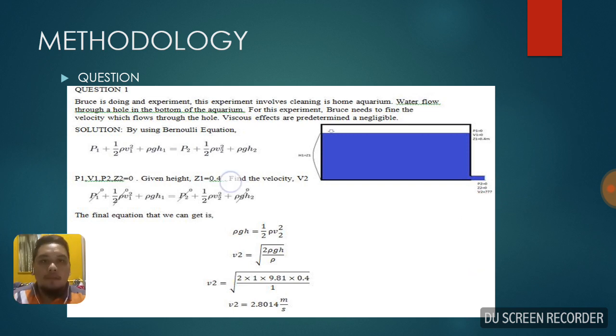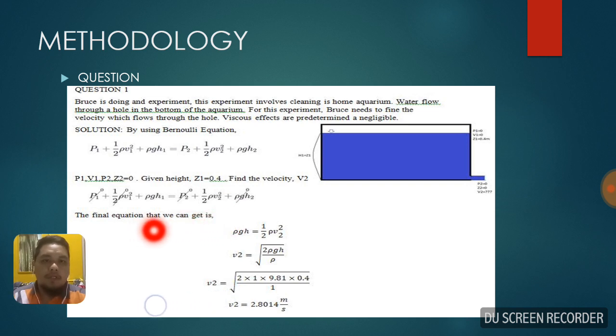So here you have the Bernoulli equation, and the solution. From this solution, P1, V1, P2, Z2 are equal to 0, and the given height is equal to 0.4 meters. Find the velocity. As you can see here, you can cancel out the 0 terms, and you're left with rho g h1 equal to 1 over 2 times rho V2 squared.